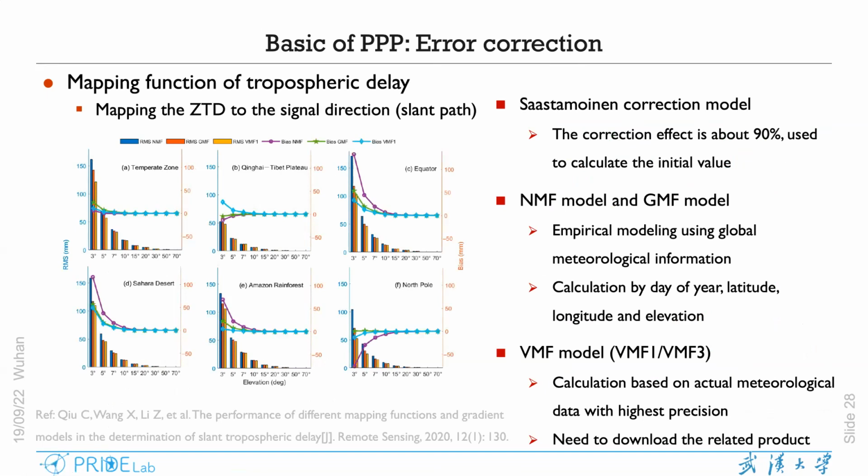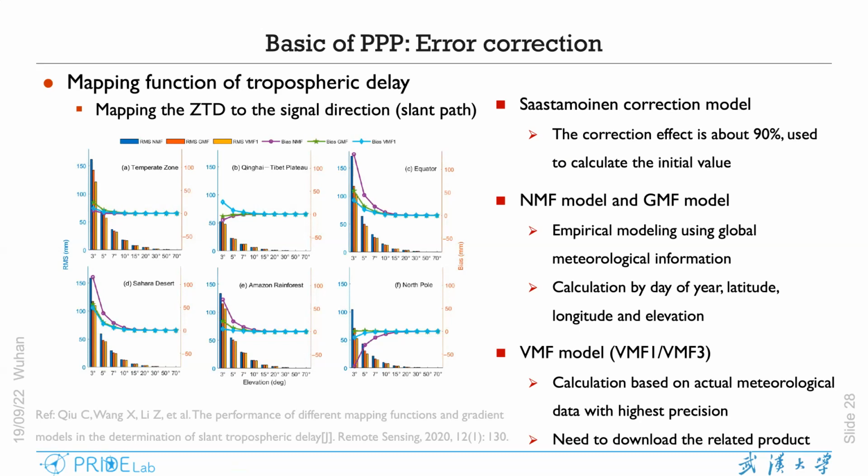And then we have the mapping function of the troposphere delay. Why do we need to have a mapping function for the troposphere delay? This is because for each slant path of the satellite signals, we cannot estimate the slant troposphere delays within the least squares adjustment. That will cause linear correlation among the parameters.